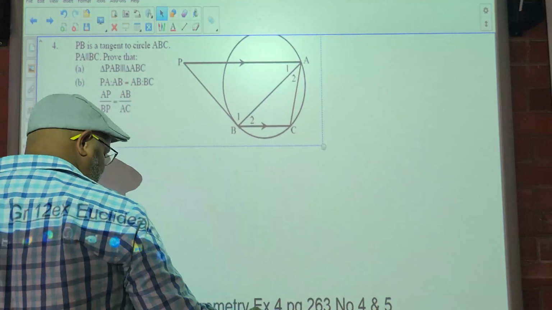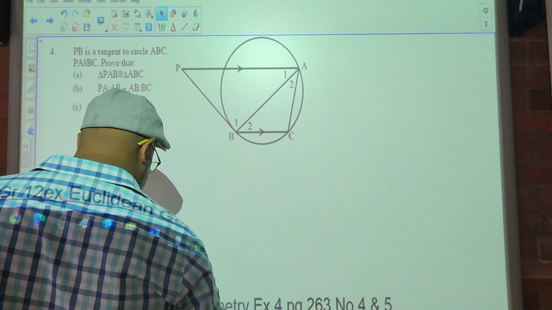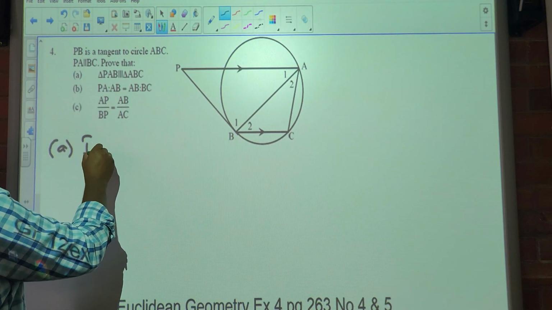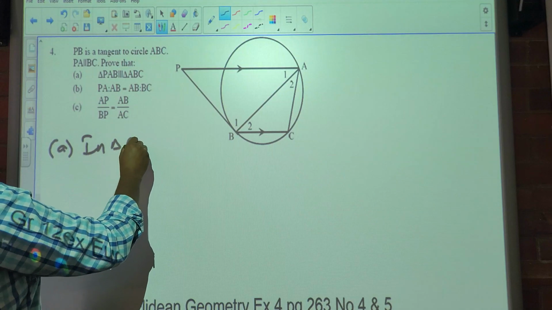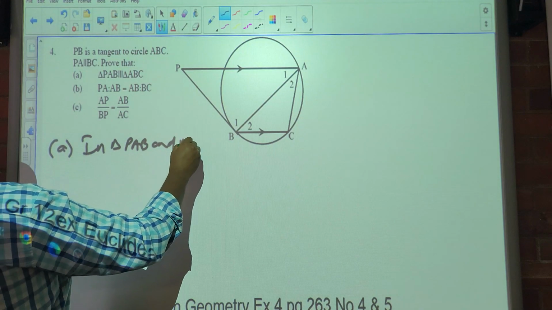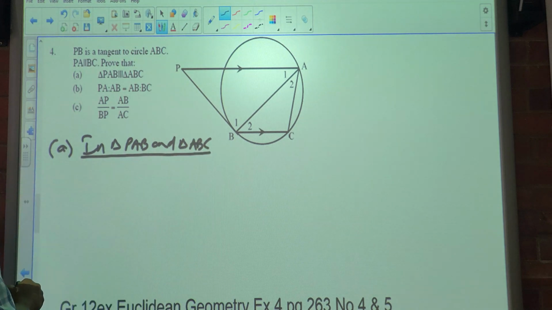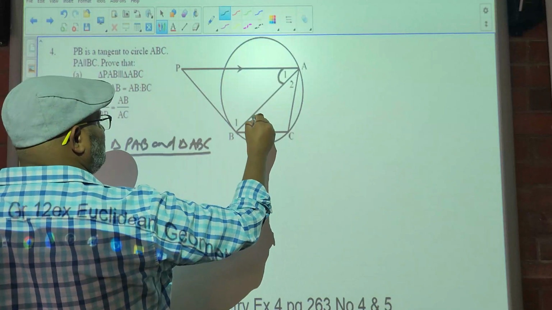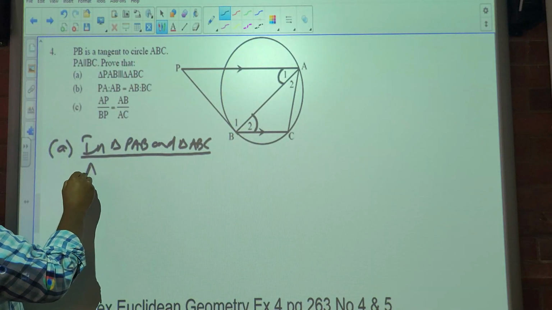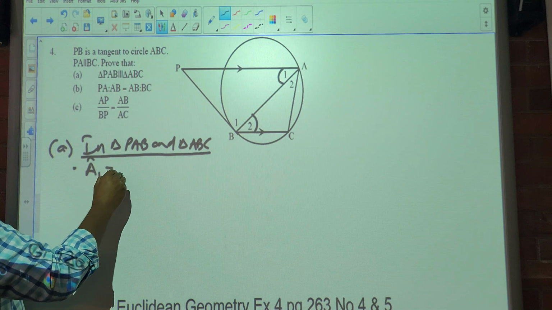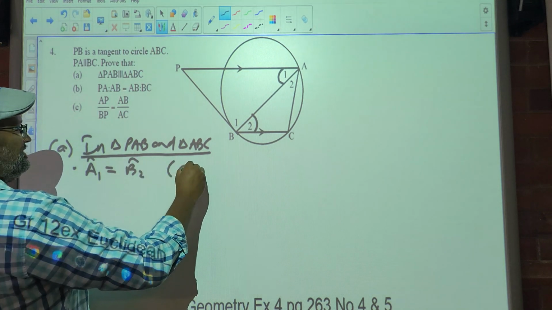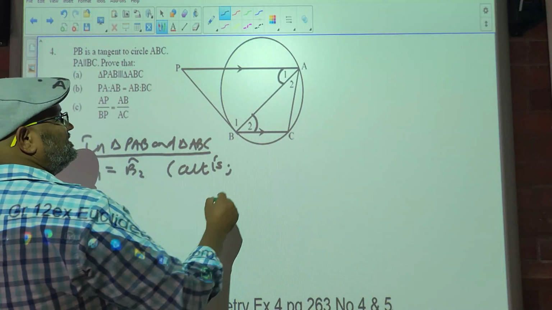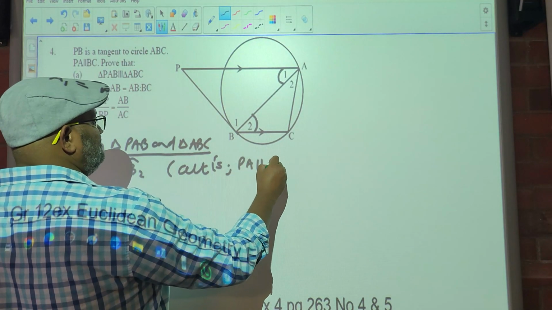So let's go. We say in triangle PAB and triangle ABC, angle PAB, which is this angle here, is equal to angle, so A1 is equal to B2. We said it's going to be alternate angles, with PA being parallel to BC.